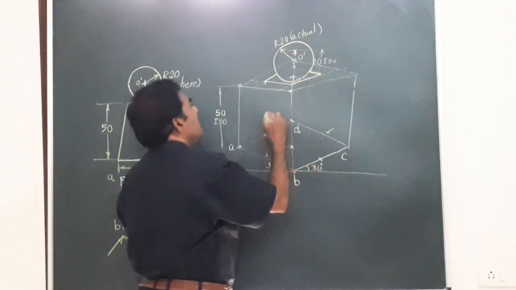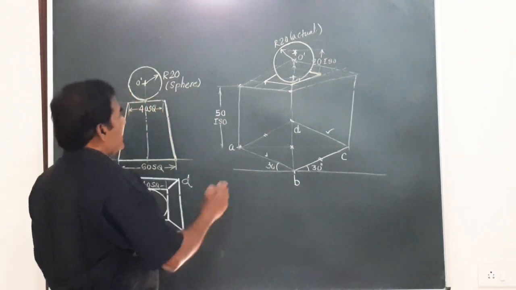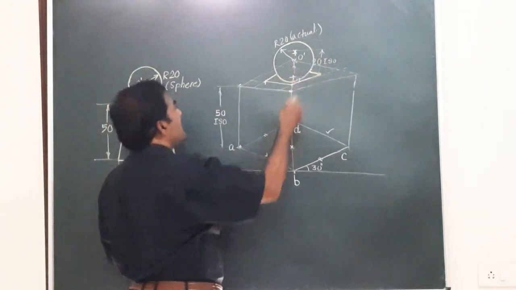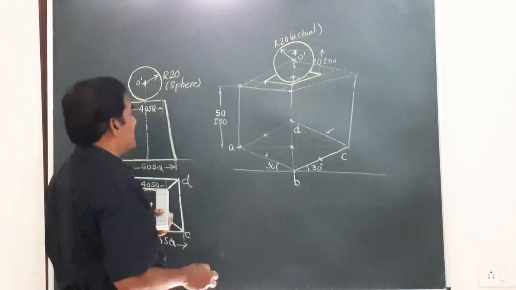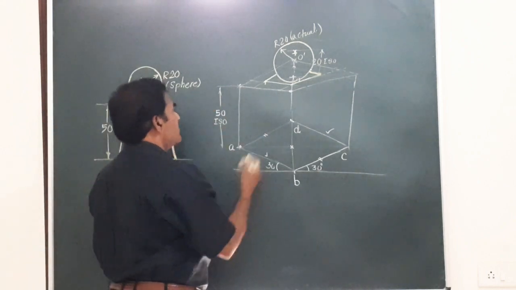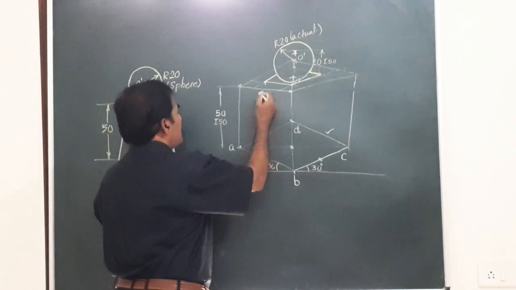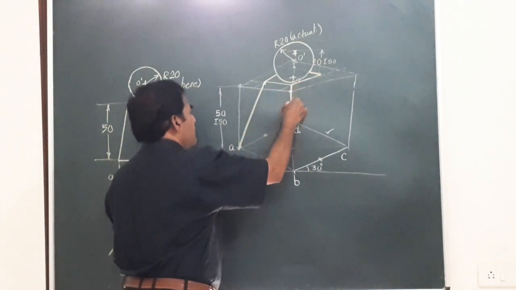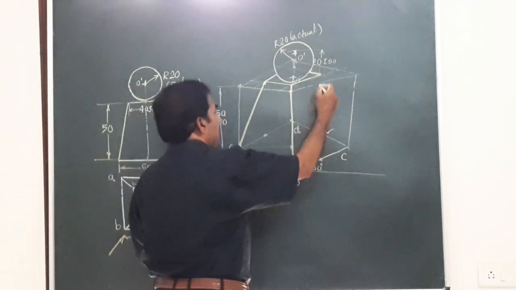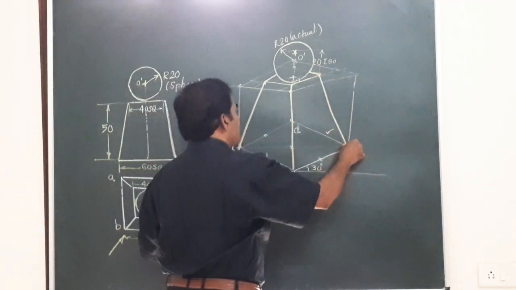So this will give you the top face of that, and the sphere is sitting exactly above the top face of the frustum exactly at the center. So as usual, you have this square pyramid here, join this vertical line, visible lines, this is a visible line and this edge is also visible.